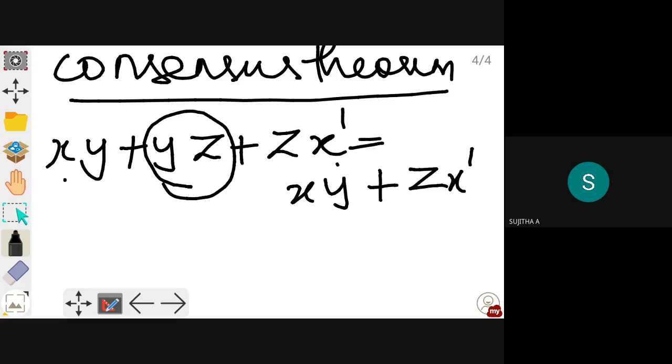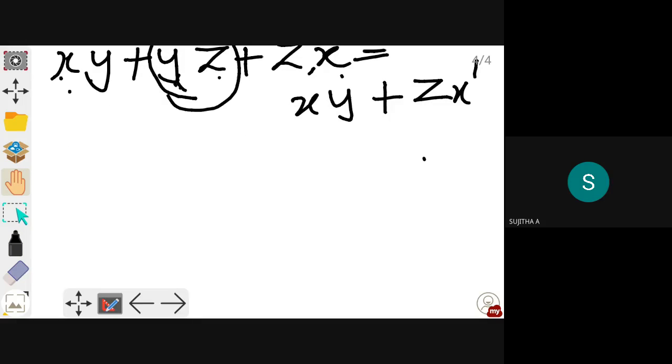So xy plus yz plus zx dash. Here x and here x dash, and the center yz, where y is in one term and z in the other, you can remove this yz. You get only xy plus zx dash. So how will you prove this? You take the LHS alone, xy plus yz.